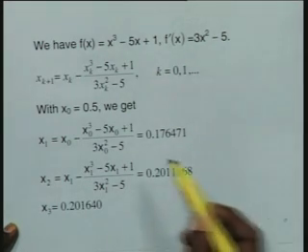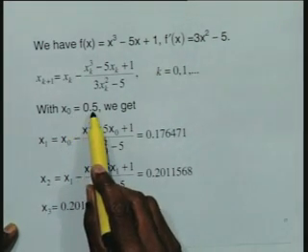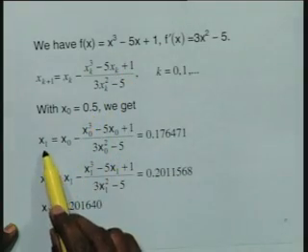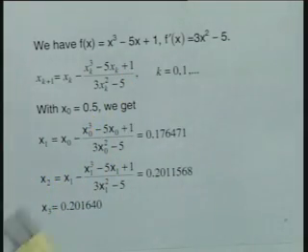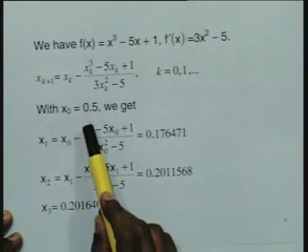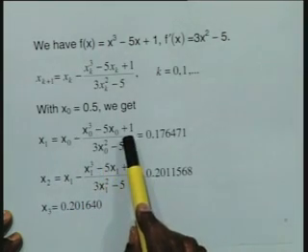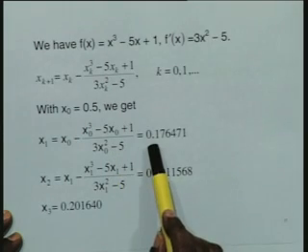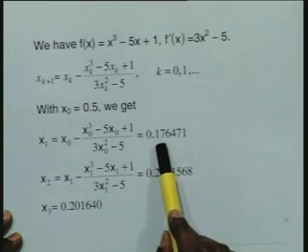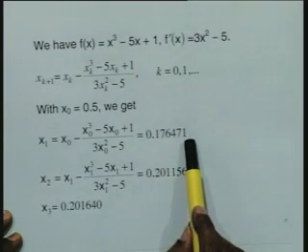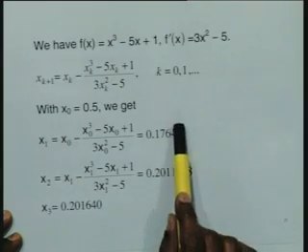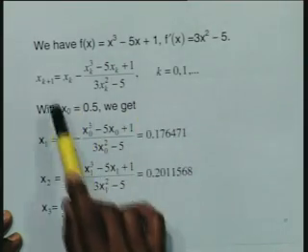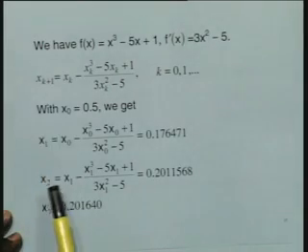In the problem we are given, you start with the approximation x naught is 0.5. So we substitute x equal to 0.5 and write x1 is equal to x naught minus (x naught cubed minus 5 times x naught plus 1) by (3 times x naught square minus 5), and we simplify this and get 0.176471. Now I use this value of x1 to compute the next approximation for k equal to 1.